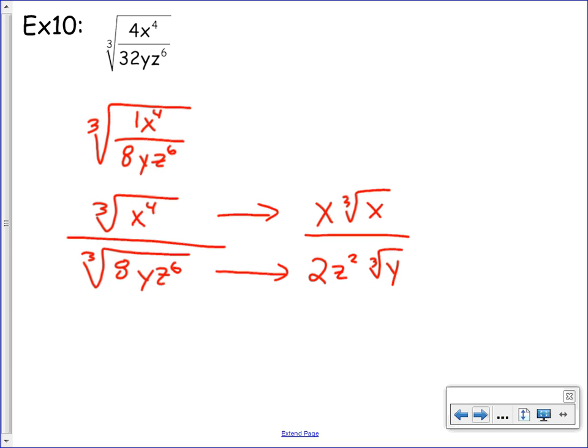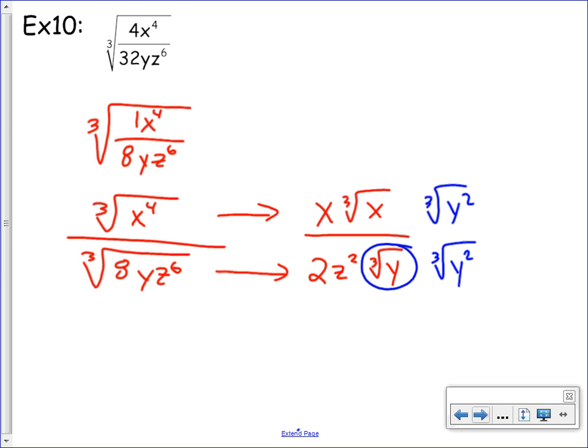If the directions say to rationalize the denominator, you got to multiply it so that there's no more radicals in the denominator. Since there's a cube root right here, y to the second, because we need 2 more cube roots of y to get it out of there. So if you multiply the top and bottom by y squared, then you'll have y to the 3rd power, which cancels it out. Let me write it out.